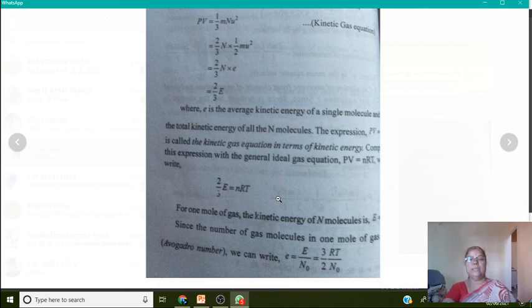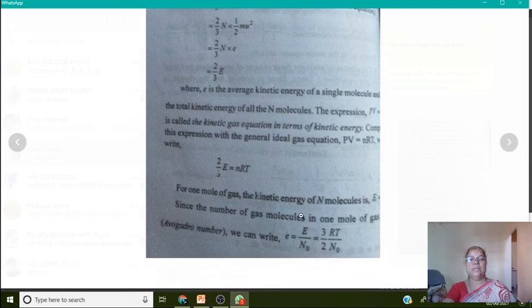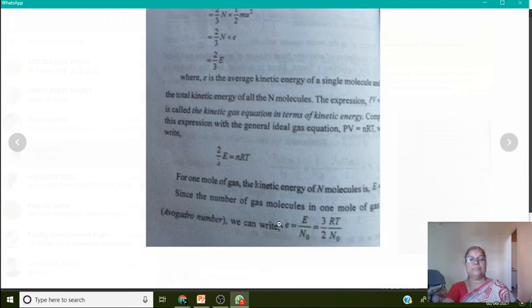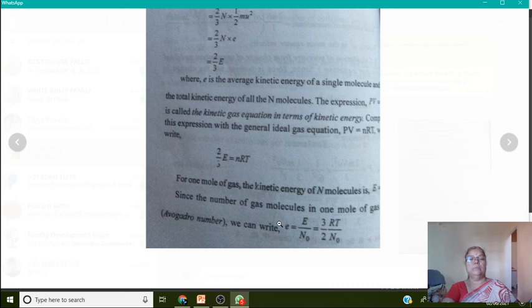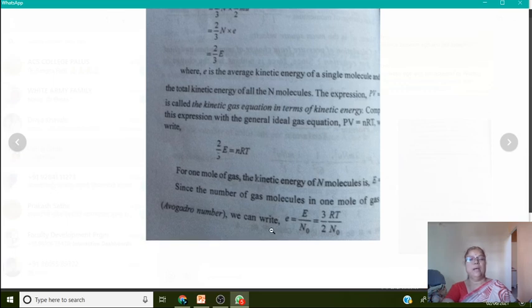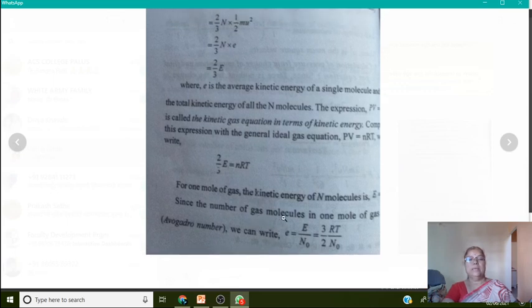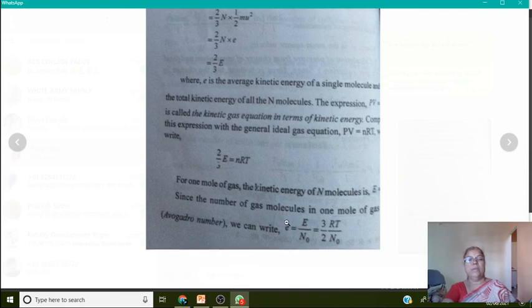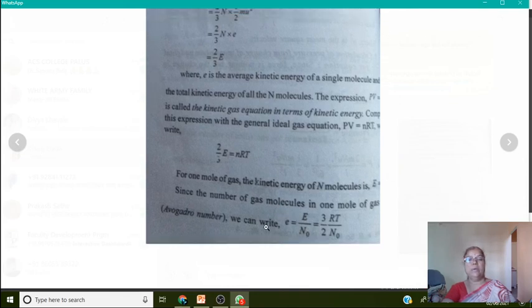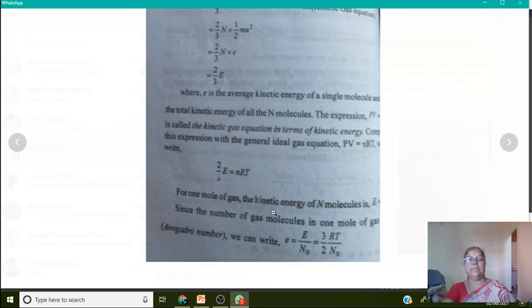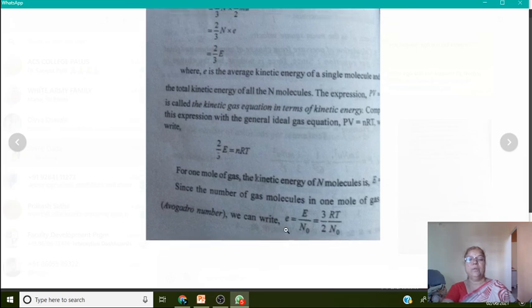The kinetic energy of n molecules is given by 2/3 E is equal to nRT, and since the number of gas molecules in 1 mole is equal to the Avogadro number, therefore we can write e is equal to capital E upon N0, which is equal to 2/3 RT upon N0.